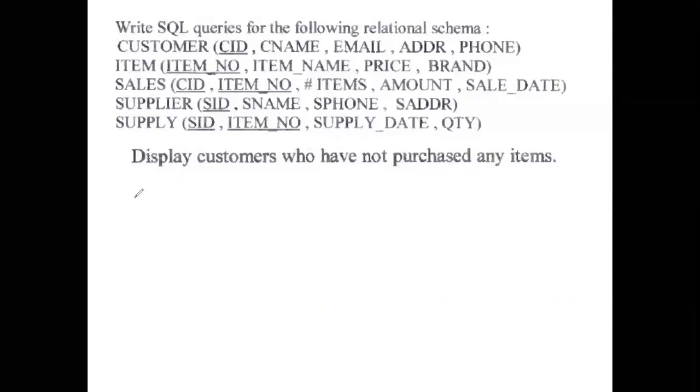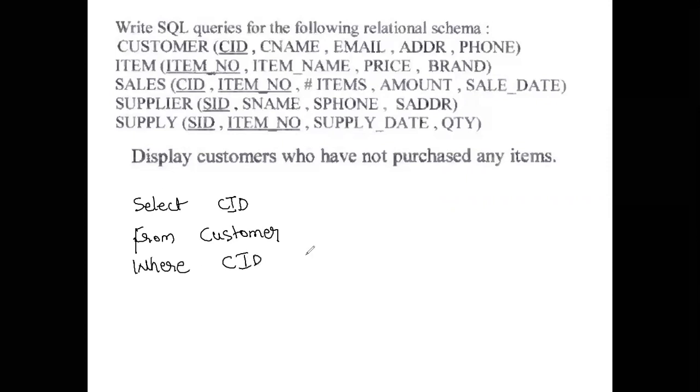So select CID from customer where CID not in.